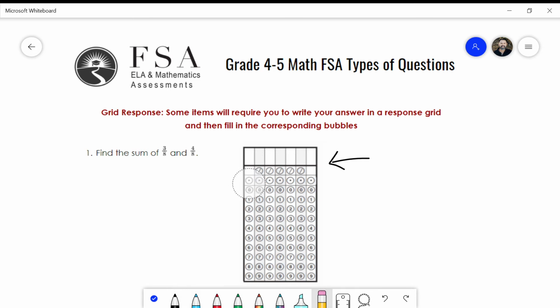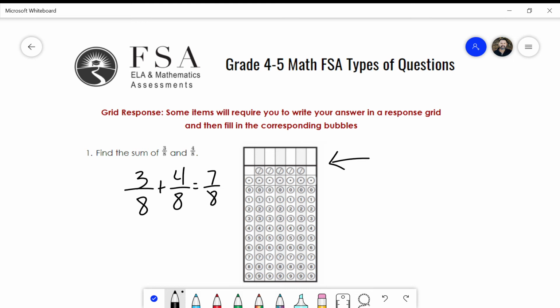If you get a question that's asking you to work with a fraction, in this case we're adding 3/8 plus 4/8, that equals 7/8. I want to make sure I write it in the grid response correctly to get credit. Just like you normally write or read, you start from the left side and work your way to the right.